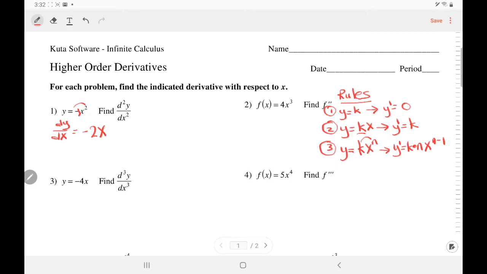X, reduce your power by 1, and it's just 1, which we don't have to write. Then d2y over dx squared is simply deriving the first derivative. So now we use rule number 2. Since it's just a constant times x, the derivative is just the constant.